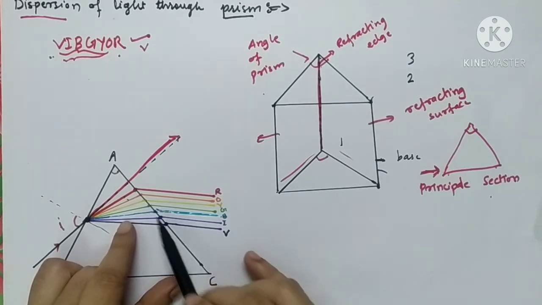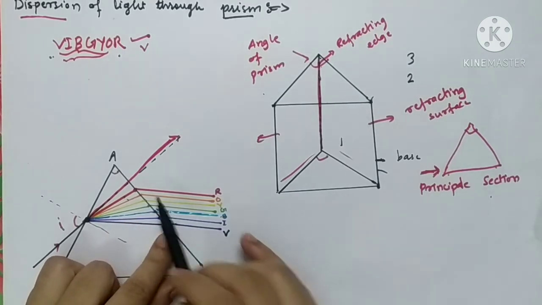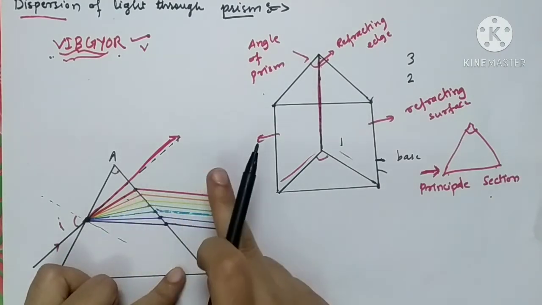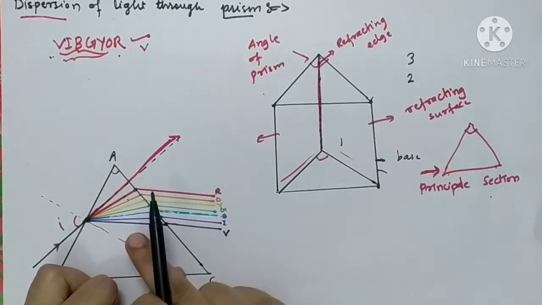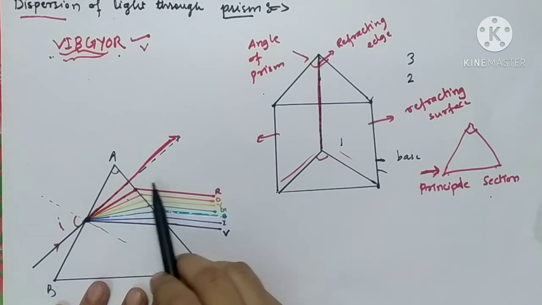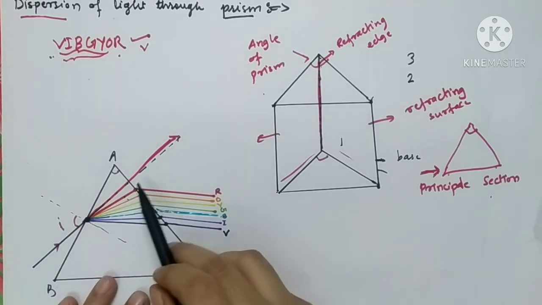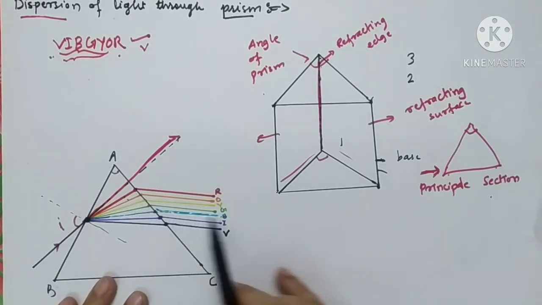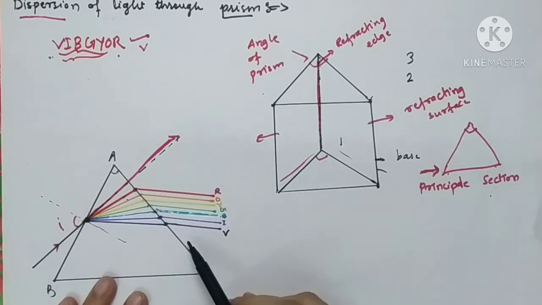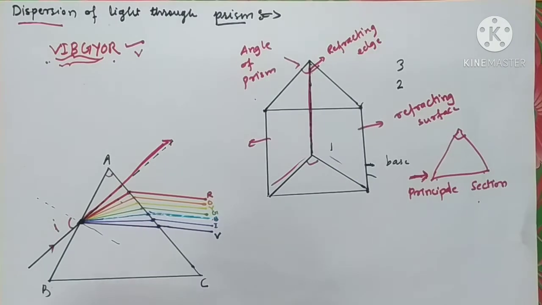This is also another refracting surface. Now from this point, the rays are going to move outside the prism, from denser medium to rarer medium. Whenever they are moving from denser to rarer, all the light rays are going to emerge like this, away from the normal.